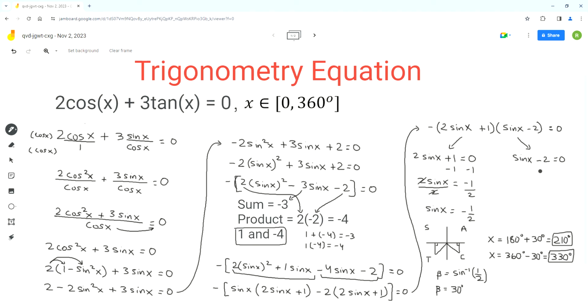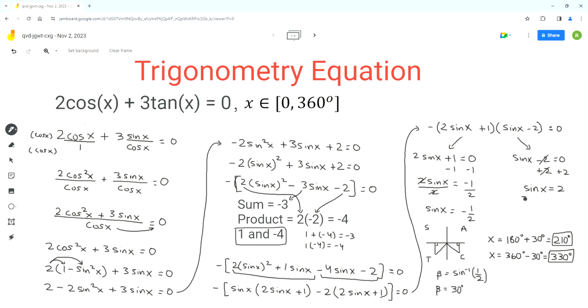Now we have to analyze the second case. So for the second case, we have to isolate sin x by adding 2 to both sides. So the 2's on the left side cancel each other out. So we get sin x equals 2. Now this is an invalid situation because sin x lies between negative 1 and positive 1.